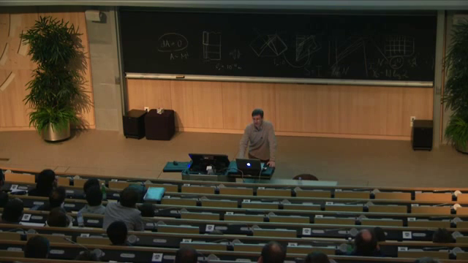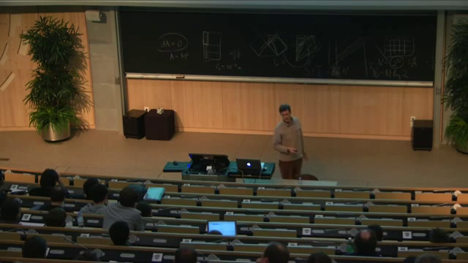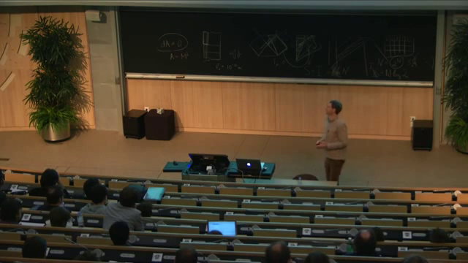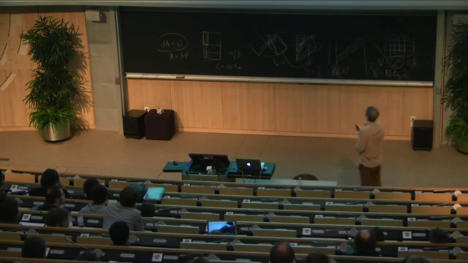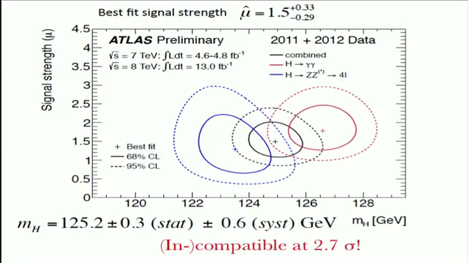The other strange thing that was presented this winter comes from Atlas. So Atlas gave, you've seen it, things are coming okay, but then they are combining in this plot the information of the Higgs into 2 photons and the Higgs into 2Z. When I say 2Z, I mean one real, one virtual Z that decay into 4 leptons.